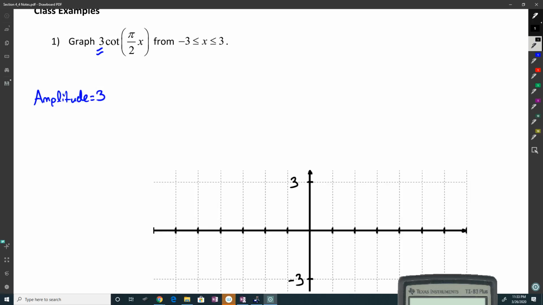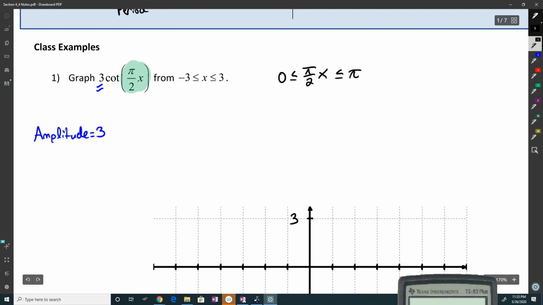Now we can solve the inside part. I know that this is between 0 and pi over 2x equals pi, not 2 pi, just pi, and we go ahead and solve it.